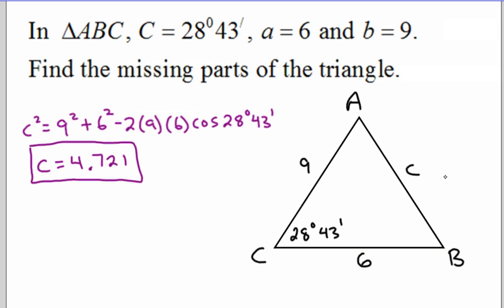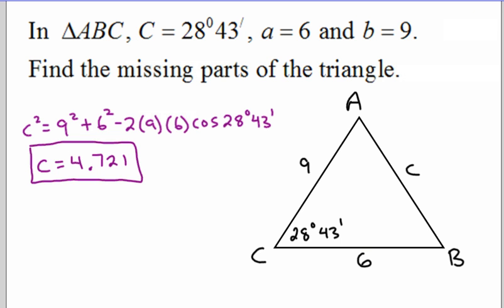Okay, now that I've got an angle side pair, I could use the law of sines to find my other two angles if I want. We might get the ambiguous case if we use the law of sines; otherwise we use the law of cosines. Let's go ahead in this instance and use the law of sines. Okay, because now there's not as much ambiguity because we know what C is.